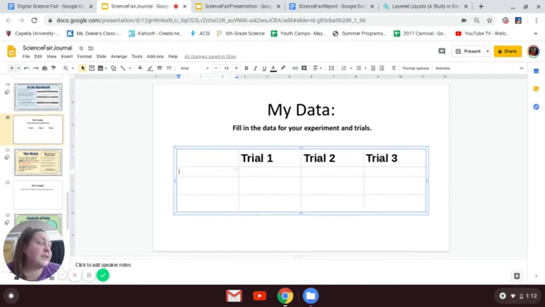So if you are testing your fruit and how it's molding, make sure for trial one, maybe you're doing your fruit, you would put day 1, and then after the next one is day 2, and then you're checking your fruit after day 3. All right, and so you would look at each plate on day 1 and say, oh, the strawberries are looking a little soft today, but the banana's looking a little brown, but that apple looks exactly the same.